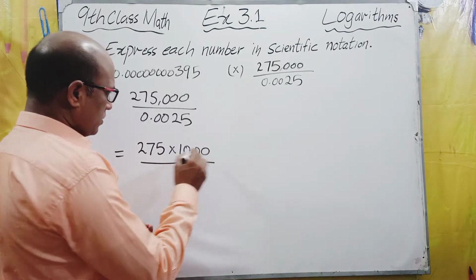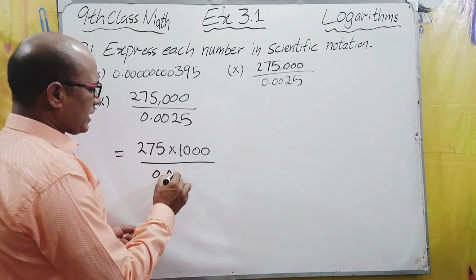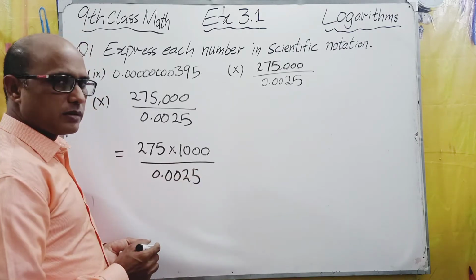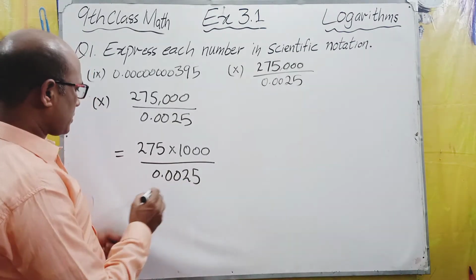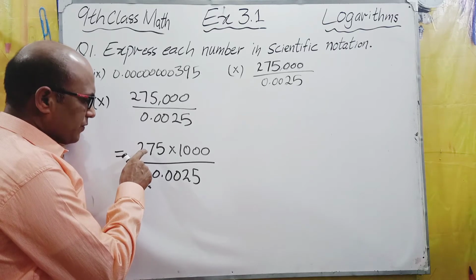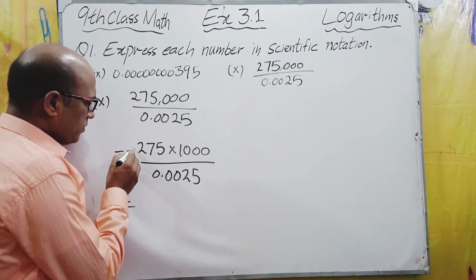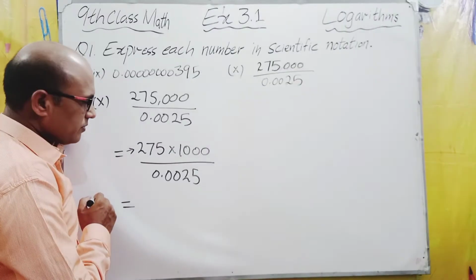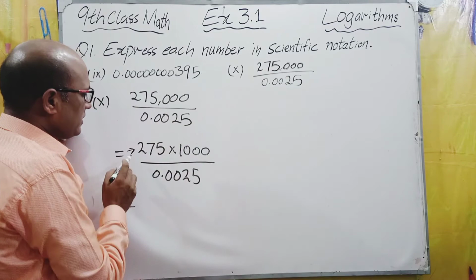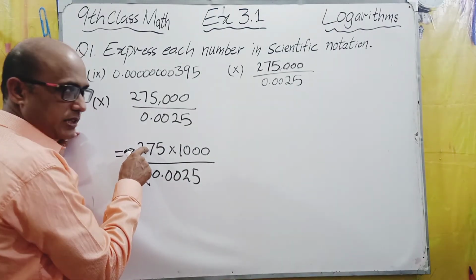We write this decimal number as it is. Now we have to put a decimal after one digit from the left hand side. To express in scientific notation, the decimal should be after one digit.